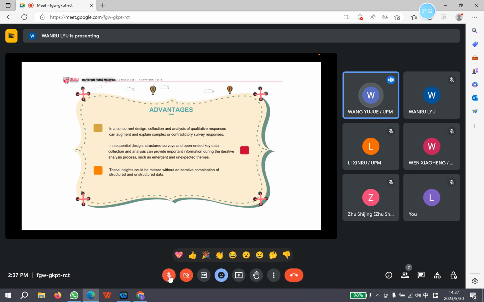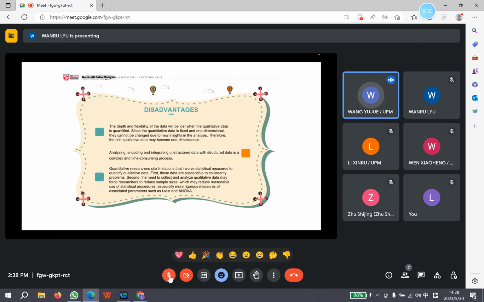And in sequential design, structured surveys and open-ended key data collection and analysis can provide important information during the iterative analysis process, such as emergent and unexpected themes. And these insights could be missed without an iterative combination of structured and unstructured data.